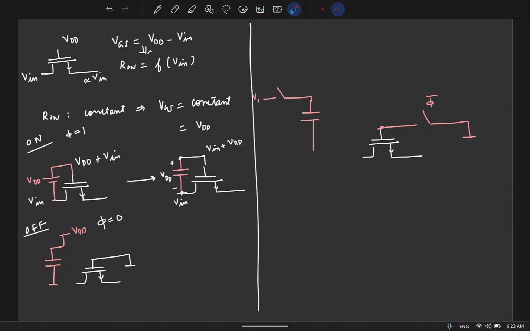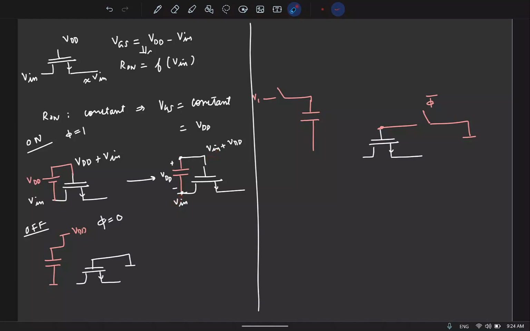Of course, you can't put a voltage source across each thing. You don't have voltage sources, so you put a capacitor instead. A capacitor charged to a particular voltage, as long as you don't draw any current from it, will maintain the voltage. So you can use it to boost the gate voltage.